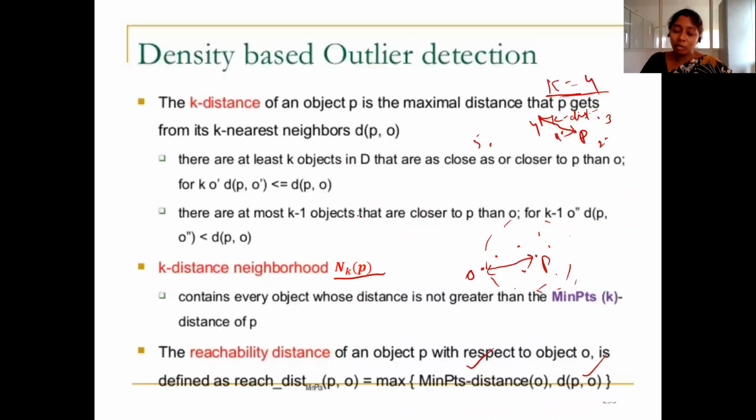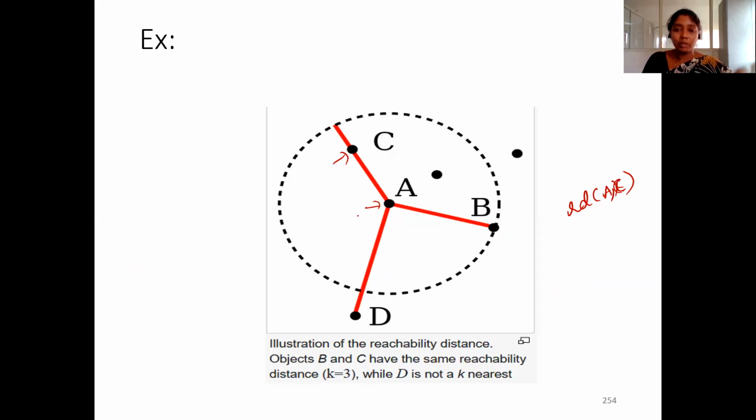We need to consider the maximum of the min point distance of O and the distance between P and O. Here, the min point distance of C is larger than the distance between A and C. This is the distance between A and C, whereas the min point distance of C is this one. Which one is larger? The min point distance is larger.